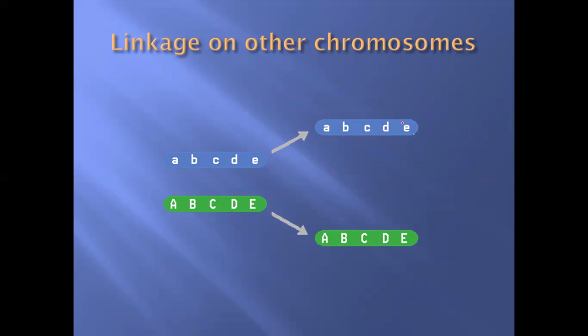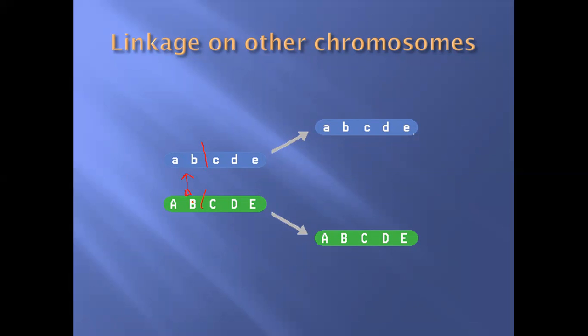So what we learn is that when genes are together on chromosomes, each of these letters is gonna signify a gene. So we have gene A, gene B, gene C, gene D, and gene E. Now, because crossing over occurs, let's say these chromosomes are actually going to cross over. They're going to swap here and here, okay?